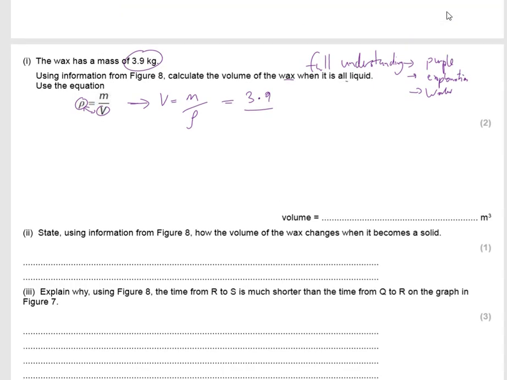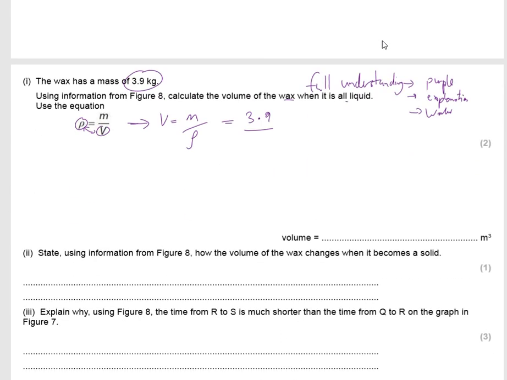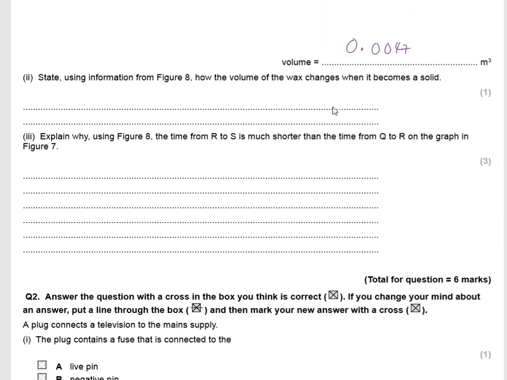So we are going to scroll up and look for when it's liquid, so therefore the density when it's liquid is going to be 830, and the answer is going to be 0.0047. This is the answer in this case. Now there's nothing to convert, and this is going to give us 2 marks.